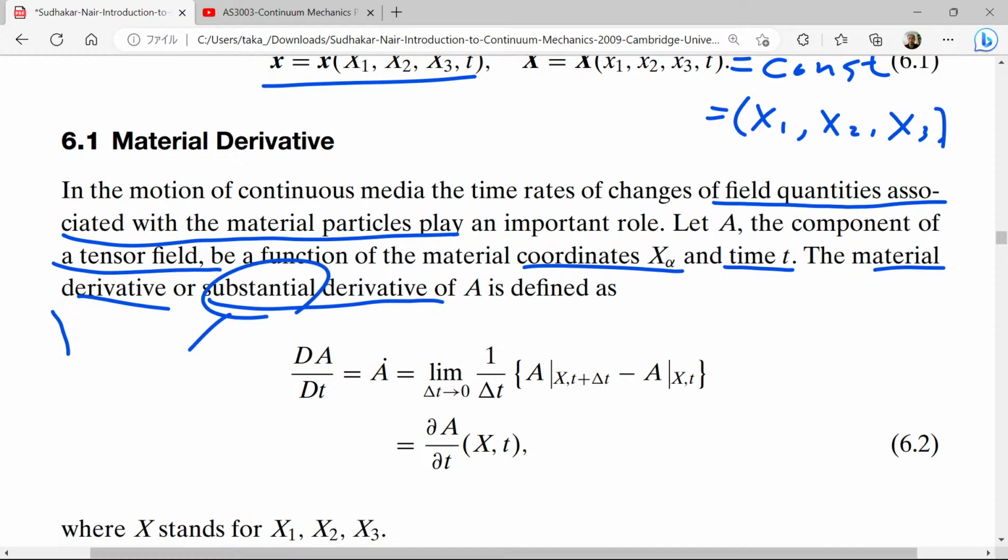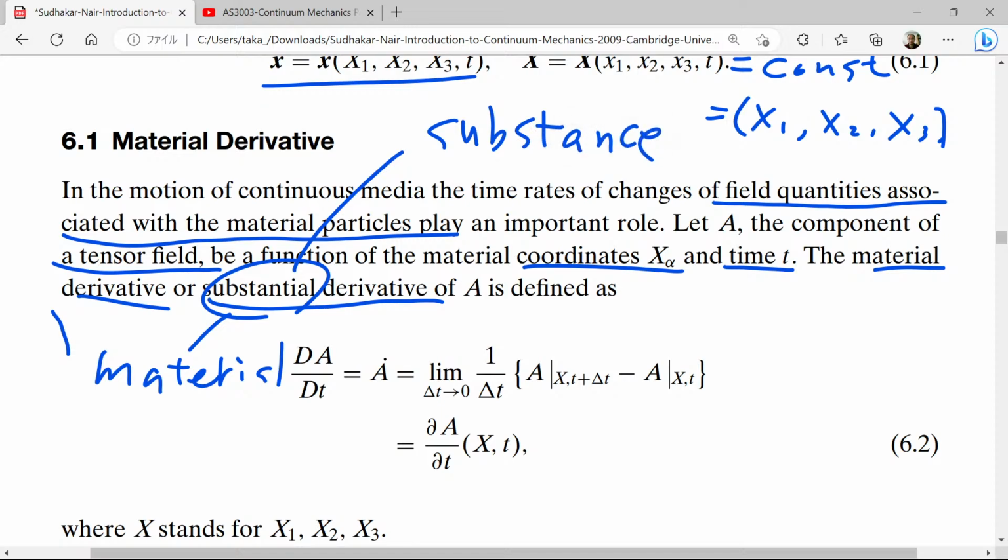Substantial, this is material. I think one of the meanings is because this comes from substance. Substance is material.